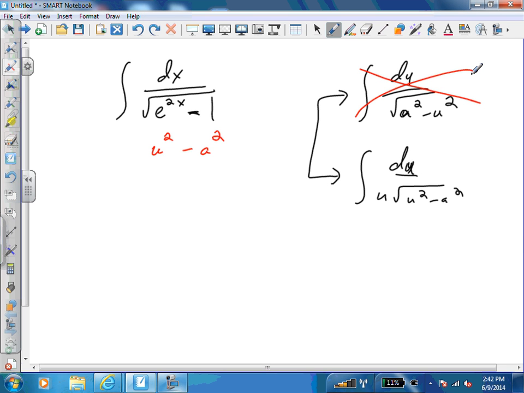Now Caleb said the bottom one, and most likely the reason he said that is because we don't have, if u squared is e to the 2x, what would u be?